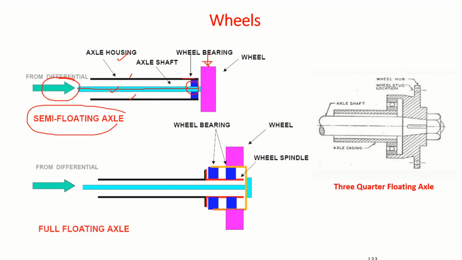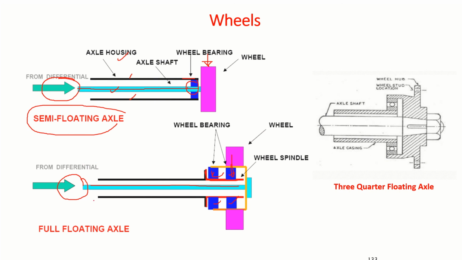That is semi-floating. In this, you again have the differential, which you can observe over here. Then you see the casing, you have bearings, and the wheel is mounted on this. So part of the load is taken by this, and also load is taken by these bearings and the casing.